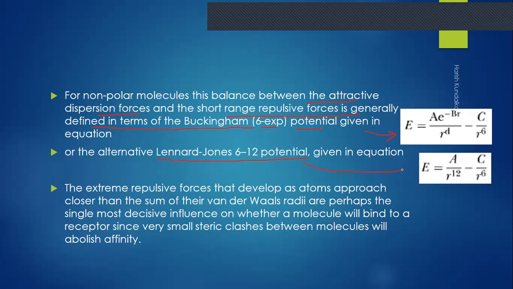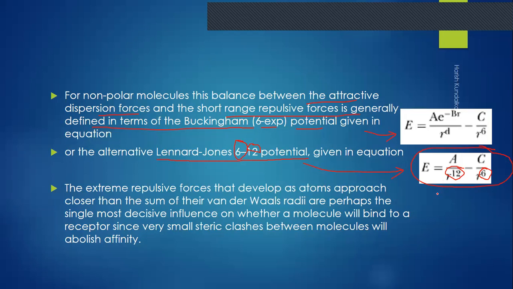It is called Lennard-Jones because it was put forth by those physicists, and 6-12 because we have those terms 12 and 6 in the equation. These are two important equations, especially the Lennard-Jones 6-12 potential. This is a very important equation in calculation of the short range repulsive forces.